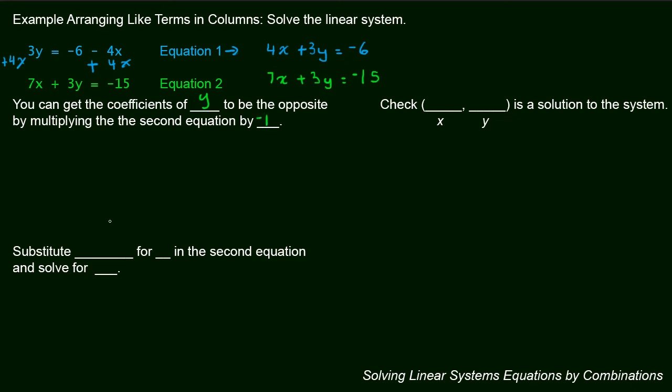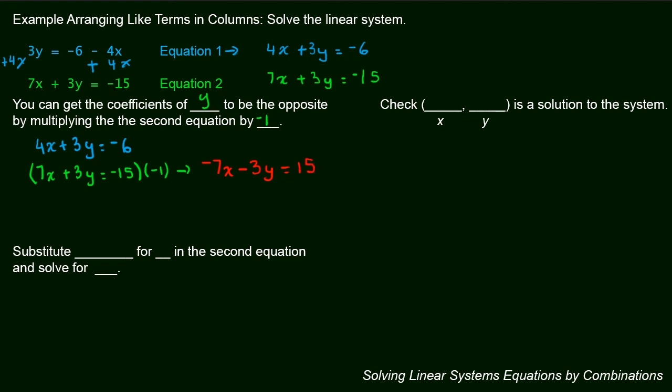When I do that, I first have 4x plus 3y equals negative 6, and I have my second equation, which is 7x plus 3y equals negative 15, and I'm going to multiply this entire equation by negative 1, which now transforms my equation to negative 7x minus 3y equals positive 15.